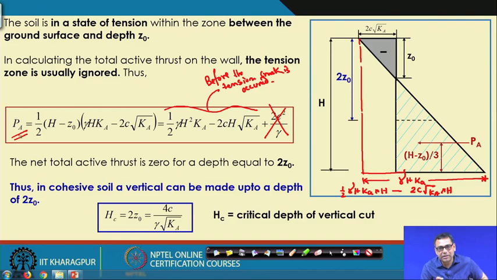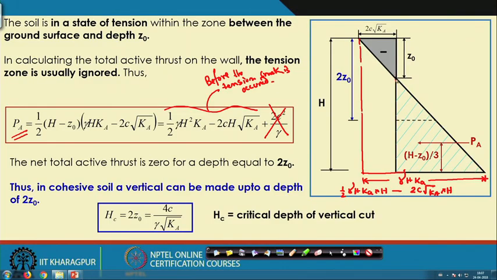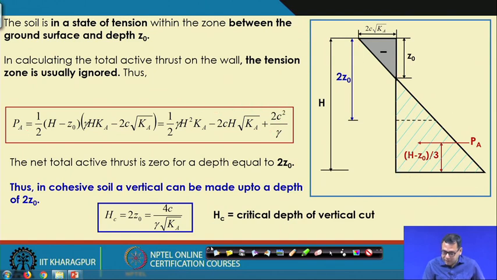Now, if the tension crack has occurred, then there is a separation of the soil and the wall. So, we will not consider the negative one, we will consider only the positive one. If we consider only the positive one, then this will be your portion of the stress. What is the portion of the stress?